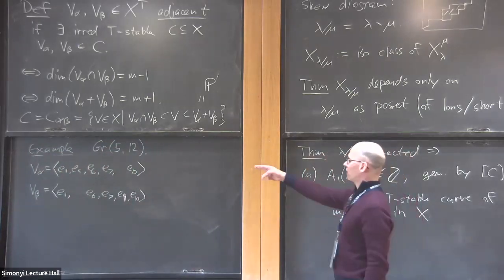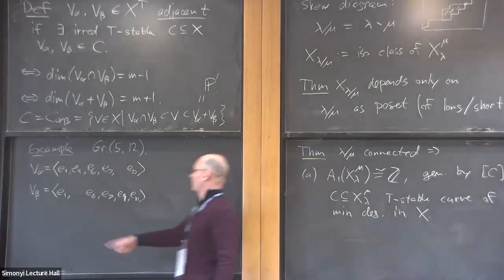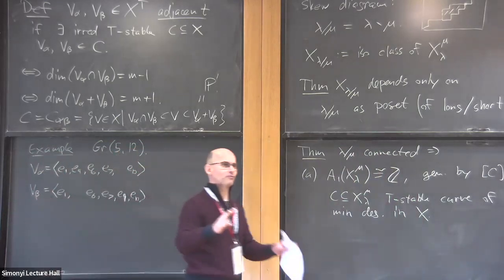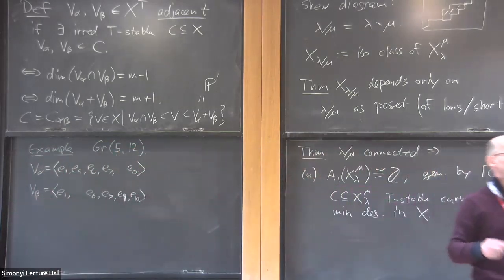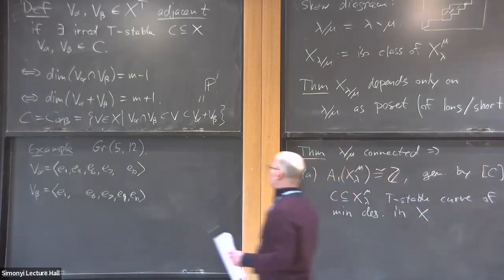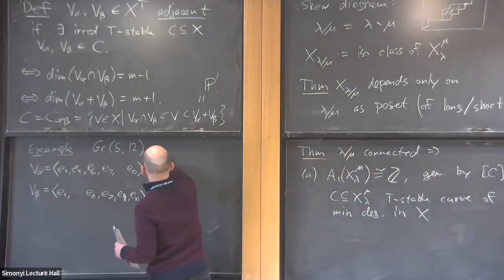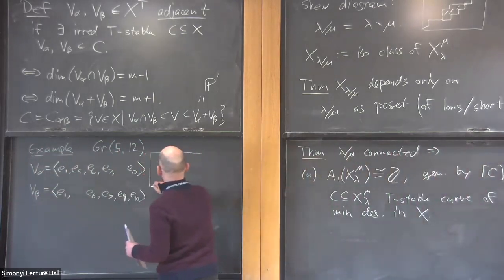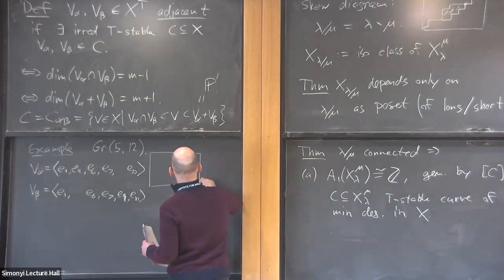And alpha and beta, they index fixed points, right? So we should draw them with Young diagrams always. If we do that, let's see if I can draw a 5 by 7 rectangle here.